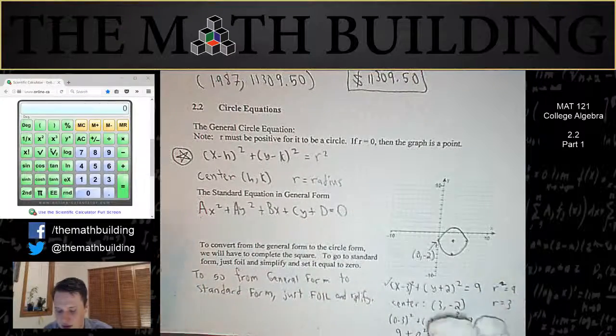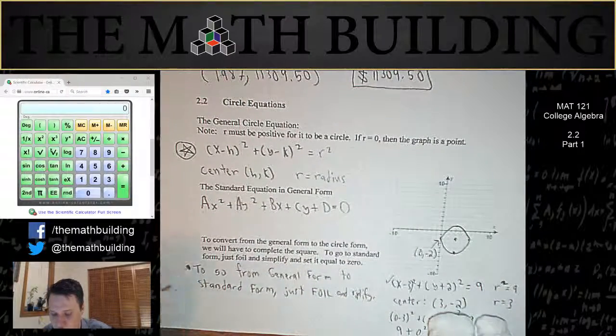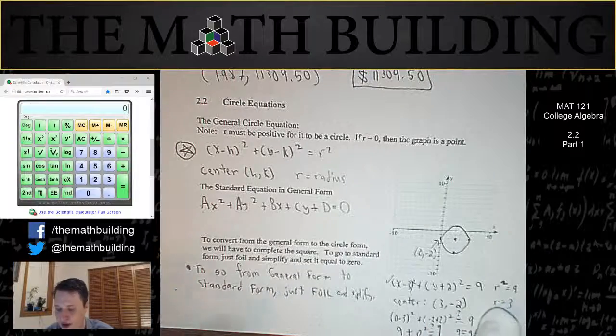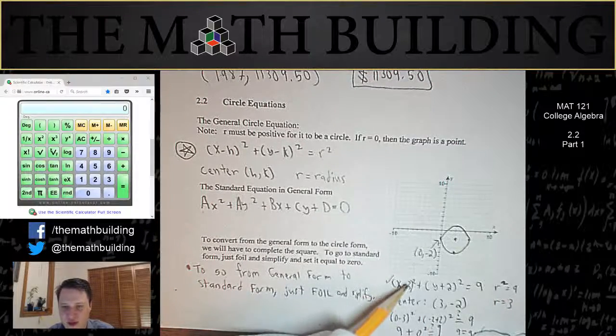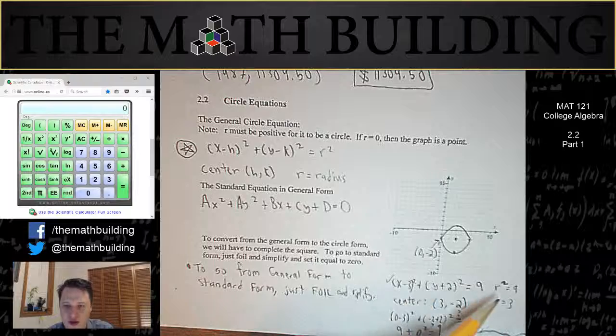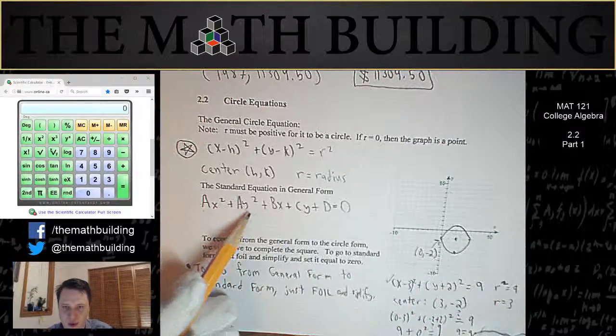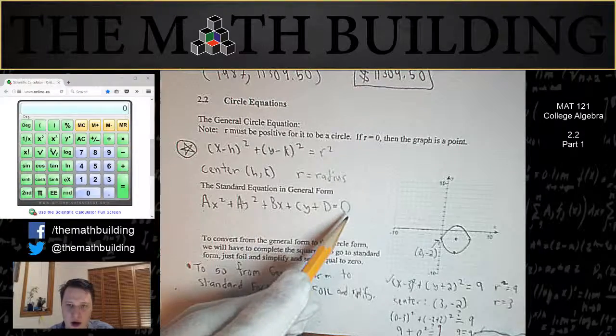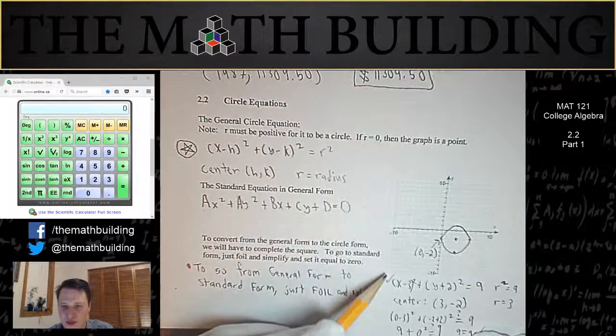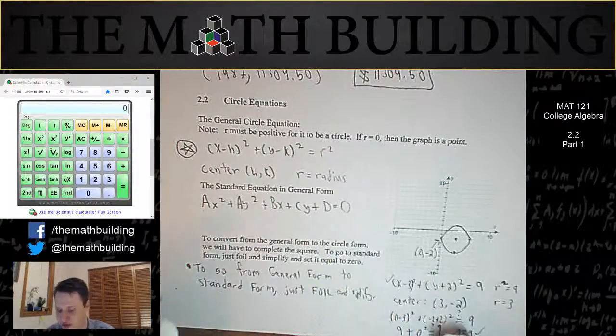So that's actually not too hard. To go from general form to standard form, you just FOIL. So in other words, if we did this and we foiled this, we moved the 9 over, you would get it in this form where you have x squared, y squared, xy, and a number all equaling 0. So that's pretty easy. Just FOIL and move everything to the left.